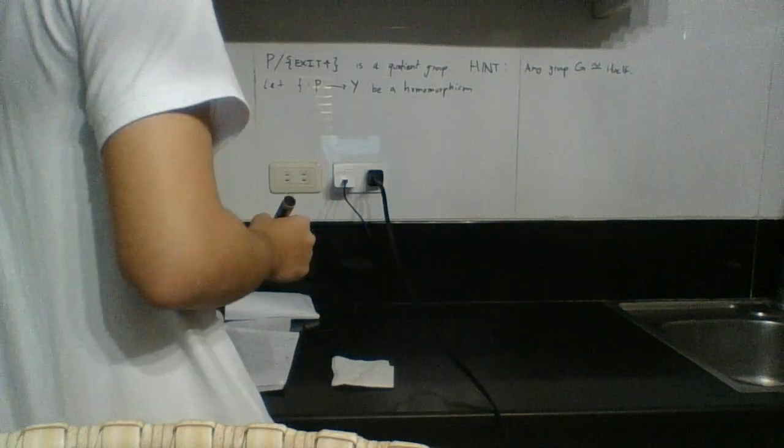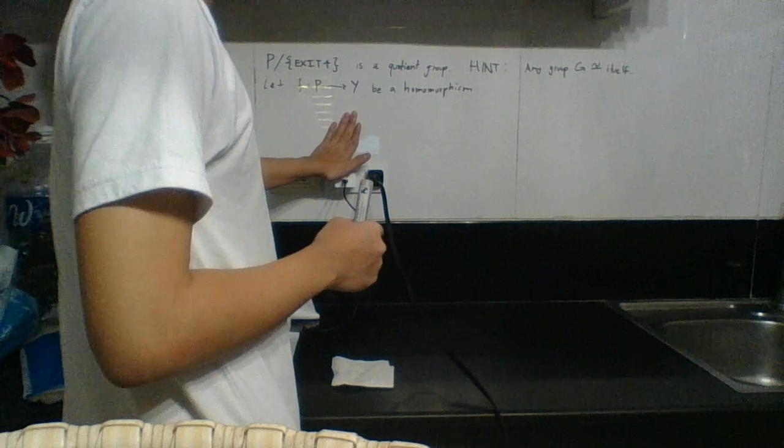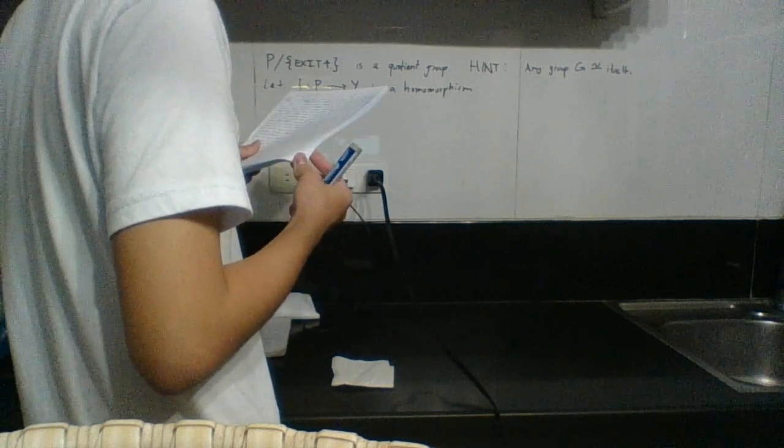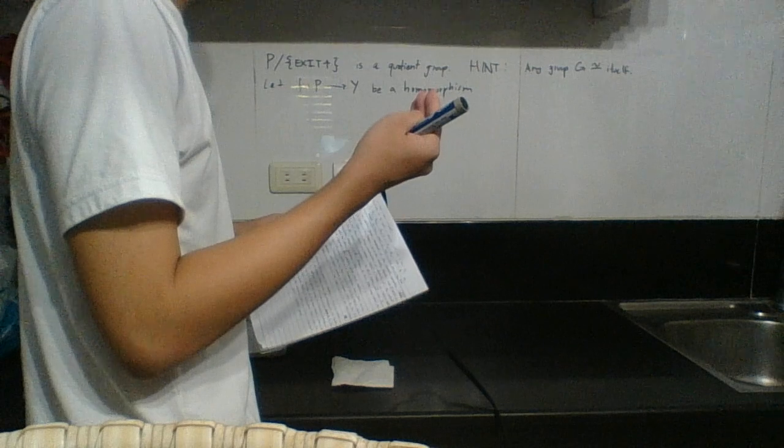So let there be a homomorphism between P and Y. P is our group here, and Y is another group which we define to be the set of all symbols denoting congruence classes under a specified congruence class, which we're going to identify by this map.